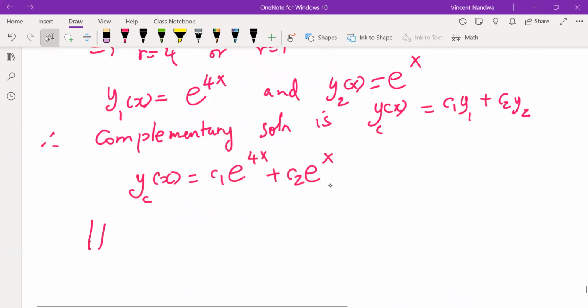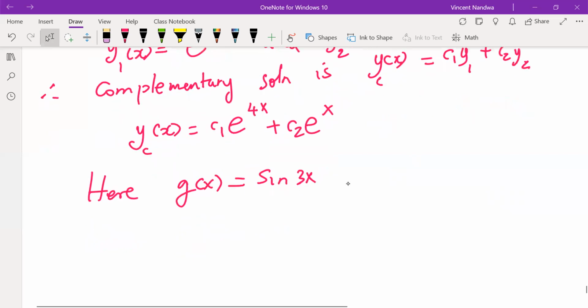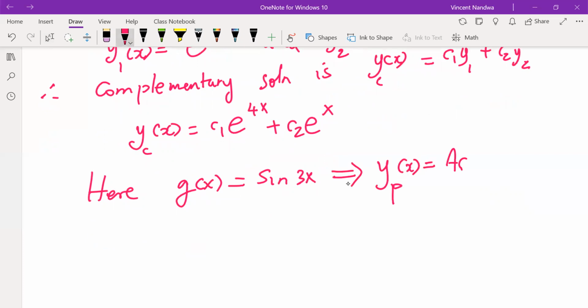Now here, g of x is sine 3x. So if this is the case, then this implies that yp should be of the form a cos 3x plus b sine 3x, a linear combination of cosine and sine.